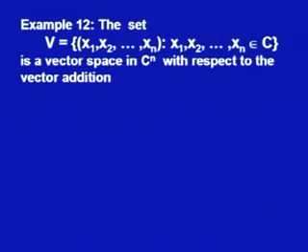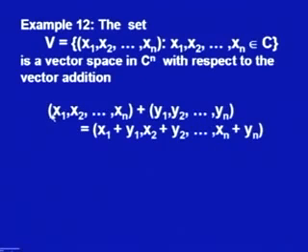I will illustrate with this example. The set of n-tuples V equal to (x1, x2, ..., xn), where x1, x2, ..., xn belong to C, is a vector space in Cn with respect to vector addition, defined for (x1, x2, ..., xn) belonging to V and (y1, y2, ..., yn) belonging to V. The sum of the two is again an n-tuple where component-wise addition takes place.